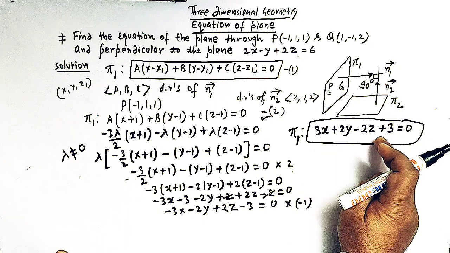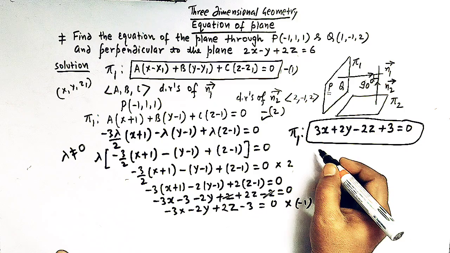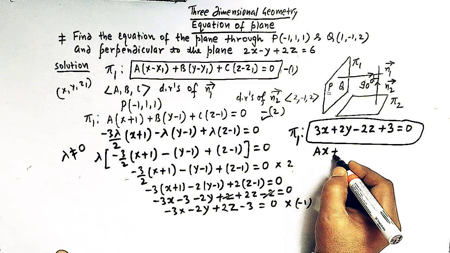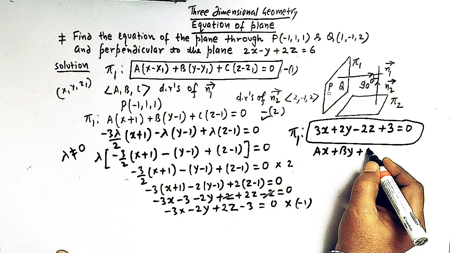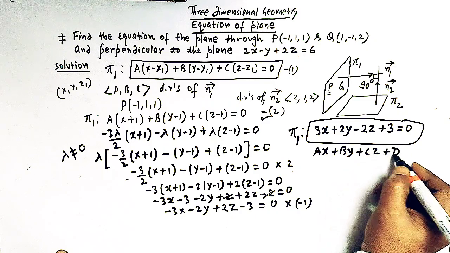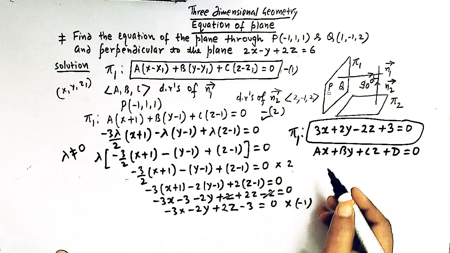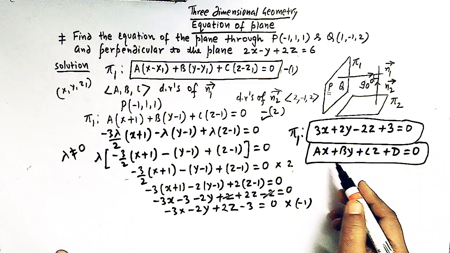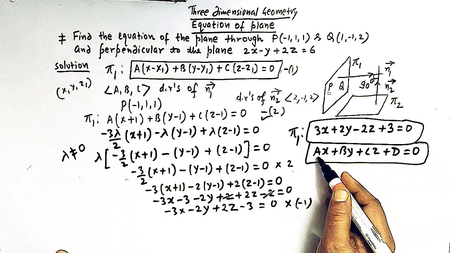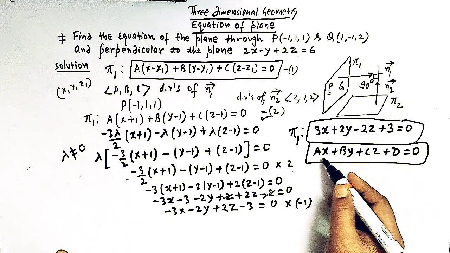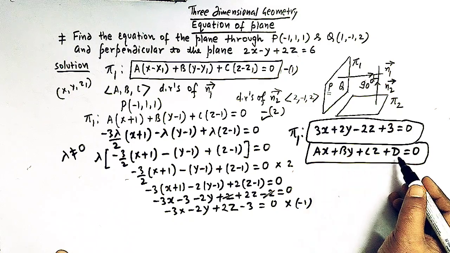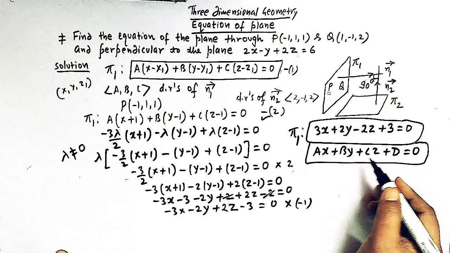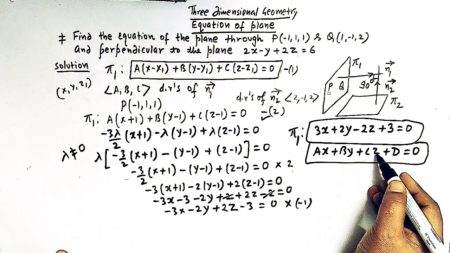And we can see that this equation is of this form, that is ax plus by plus cz plus d is equal to 0, because the equation of any plane can be expressed by this equation of this form: ax plus by plus cz plus d is equal to 0. So this is a first degree equation in x, y, and z.